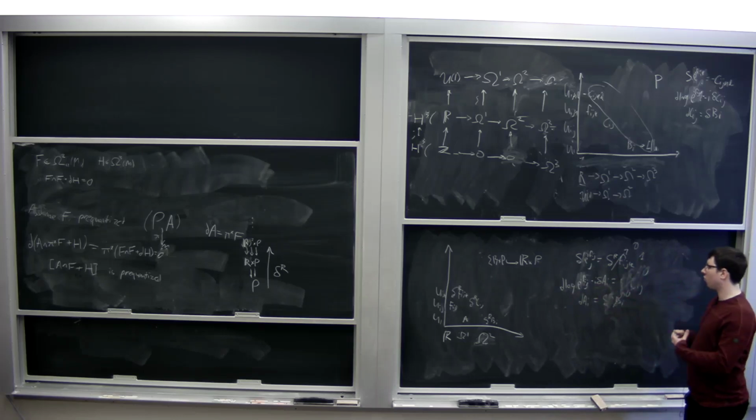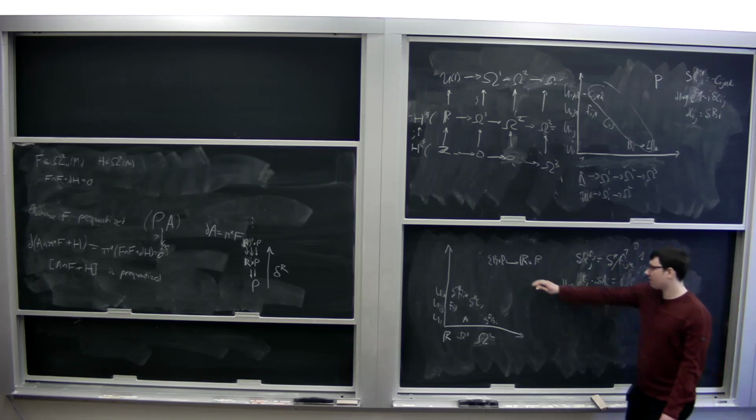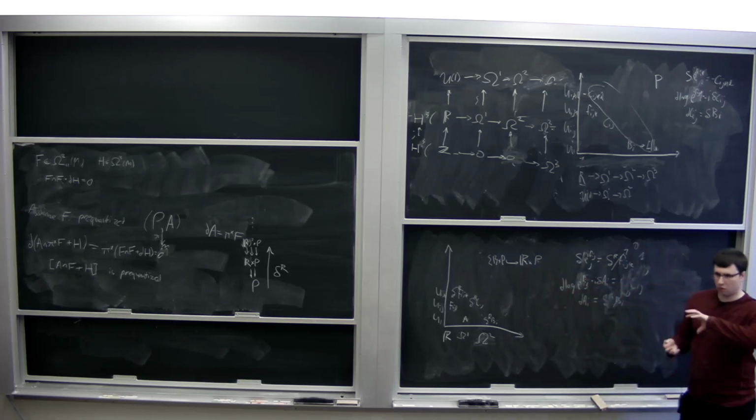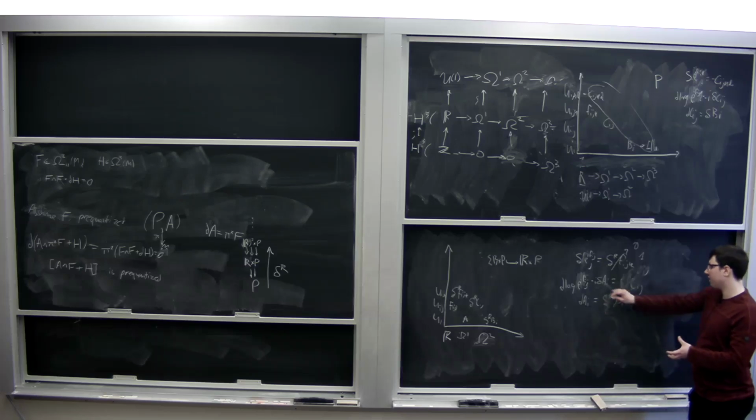So we might say that this is like an S1 gerb, but instead of just getting a trivial bundle every time you go around, you might have a non-trivial principal bundle that you tensor the gerb by every time you act by going around the circle. Okay.